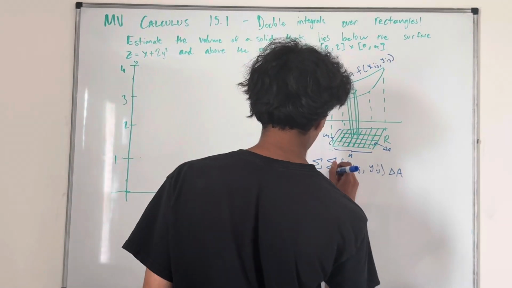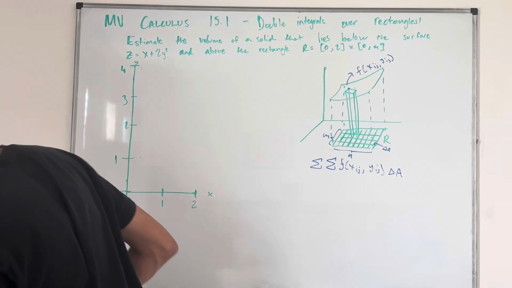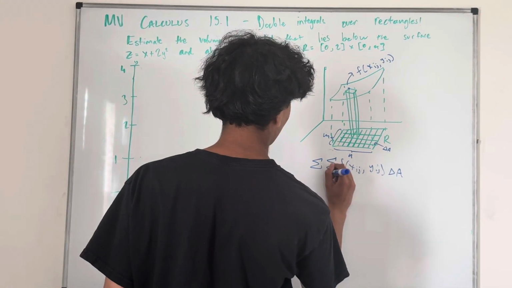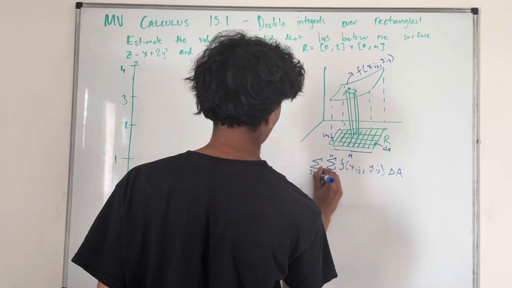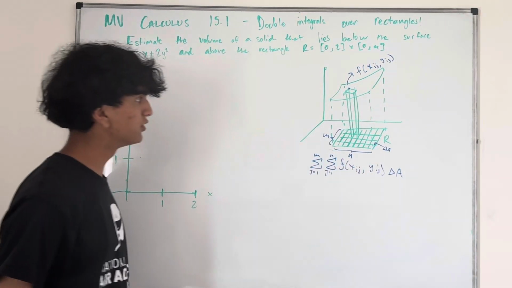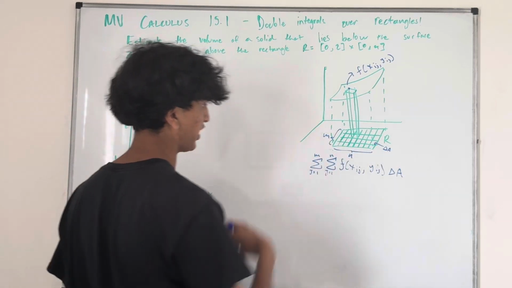We can say i is equal to 1 to m, and j is equal to 1 to n. Yeah, we can leave it like that.